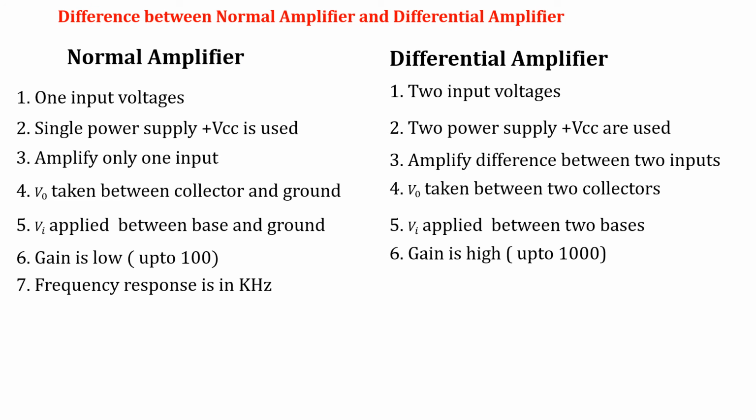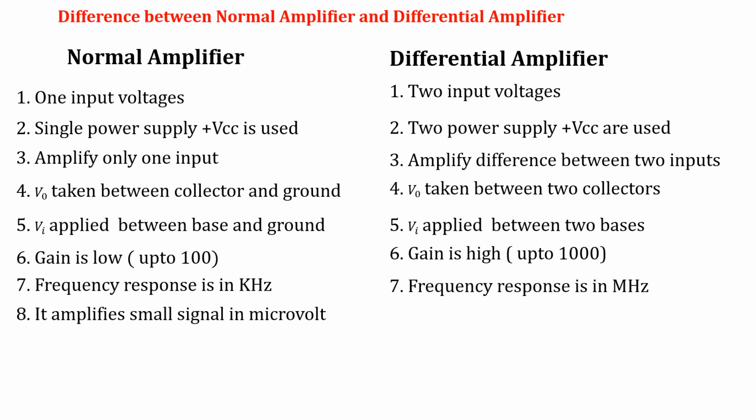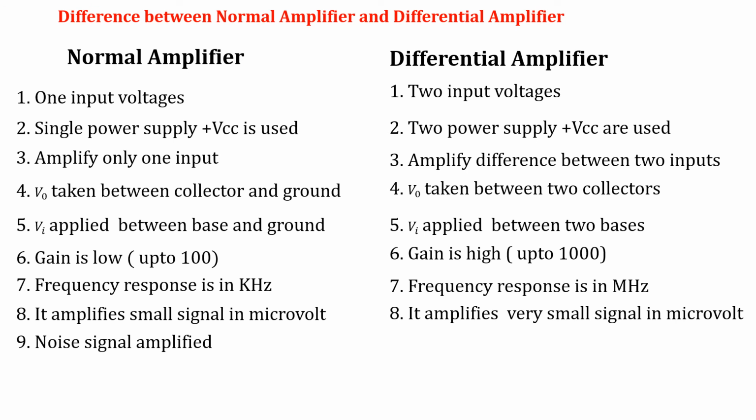Frequency response is in terms of kilohertz for the normal amplifier. In the differential amplifier, frequency response is very high, in terms of megahertz. A normal amplifier amplifies small signals, measured in microvolts. The differential amplifier also amplifies very small signals, in terms of microvolts. In a normal amplifier, the noise signal is also amplified, but in a differential amplifier there are two stages coupled together, and noise is completely eliminated.